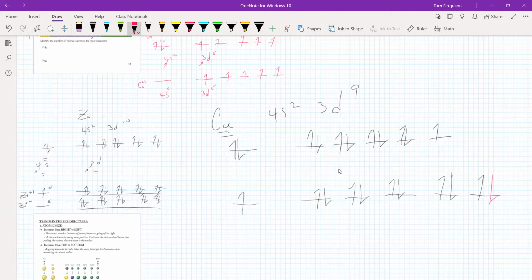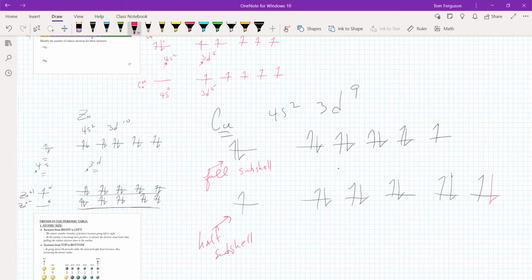So you're saying, what? This is a full subshell. So we've taken a full and made it a half. We've destabilized the S's.